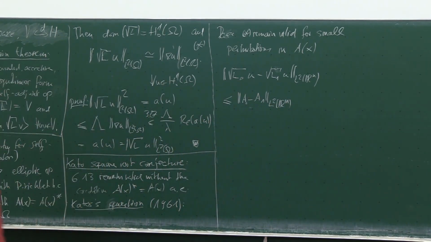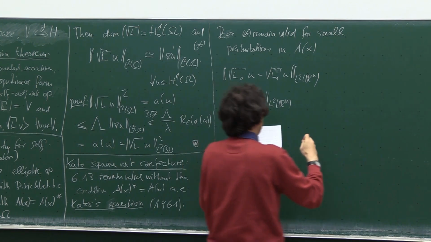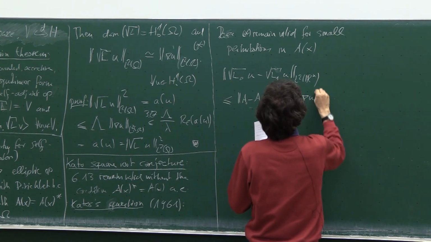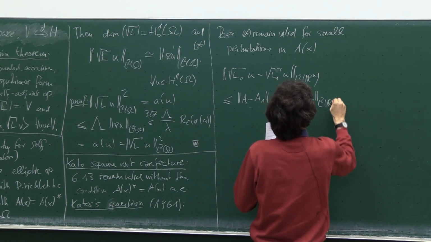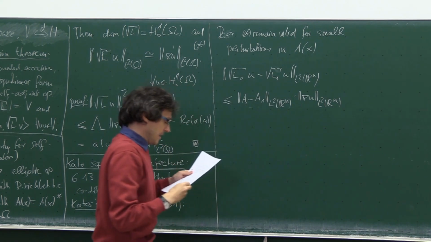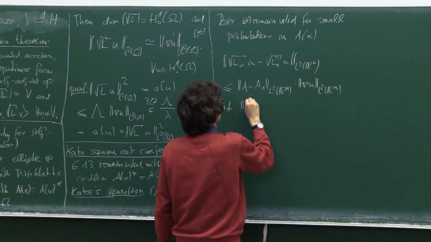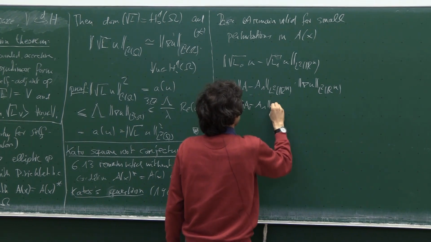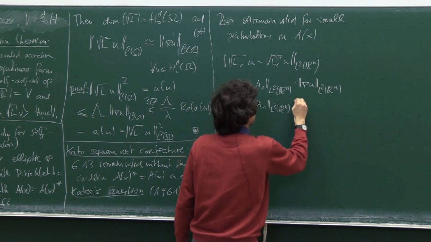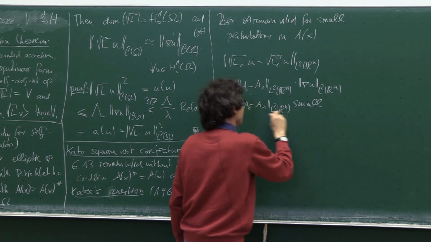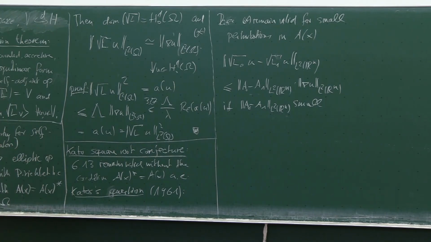So A0, A1 here denote the coefficient matrices of the operators L0, L1, times the gradient measured in L2. And he wanted that for small perturbations, so if the difference between A0 and A1 is in some sense small.